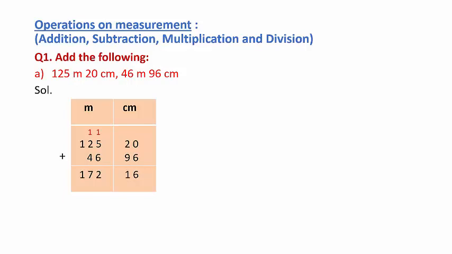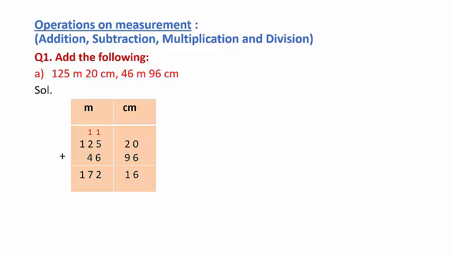So adding centimeter first, 20 and 96. 0 plus 6 is 6 and 9 plus 2 is 11. So when you add 20 and 96 you will get 116 centimeter. But since 1 meter equals 100 centimeter, 116 centimeter we can write as 100 plus 16.